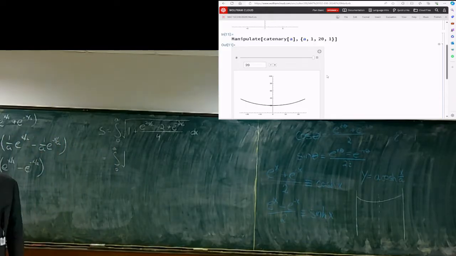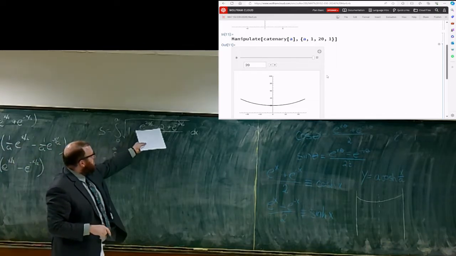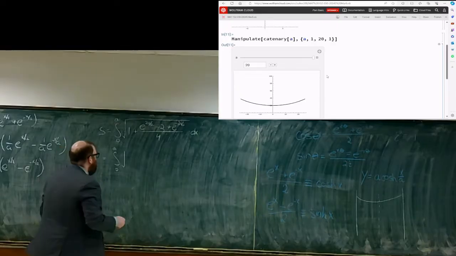Again, this is looking pretty hideous. Write this as a single fraction. What's 4 minus 2? 2.